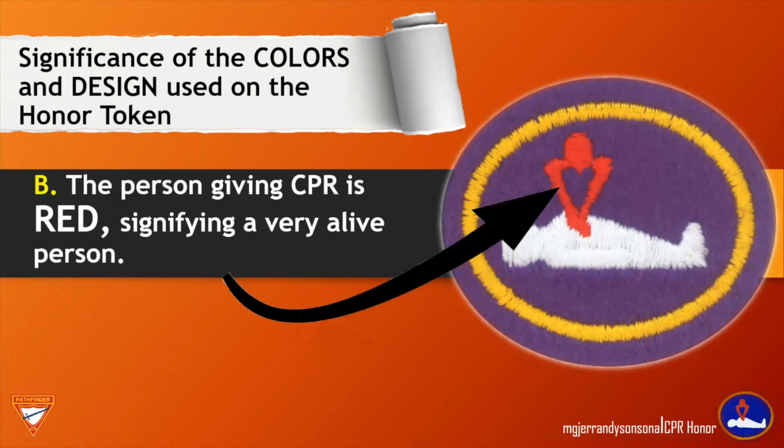The second one, the person giving CPR, is red, as you can see, signifying a very alive person, which means a person who still has blood circulation all over his body, and he's the one giving the rescue CPR to the dead patient.